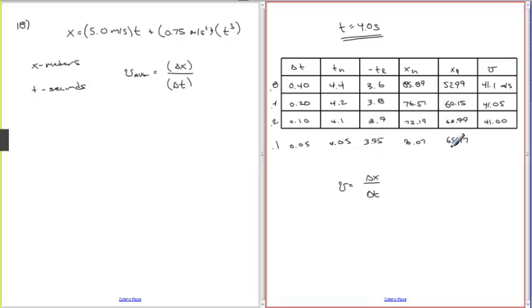And then the final one is we take 70.77, subtract off 65.97, divide by 0.1, and we get 48, which doesn't seem quite right, because these are all kind of going down, and all of a sudden it jumped to 48.